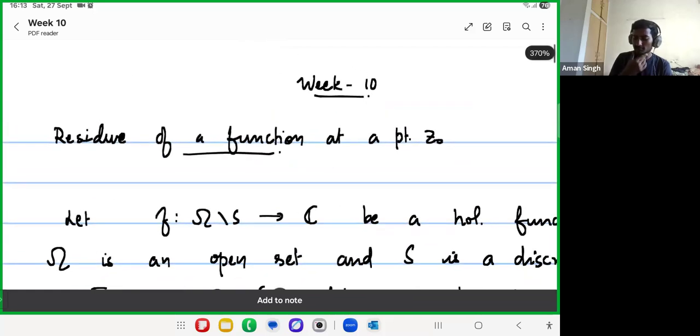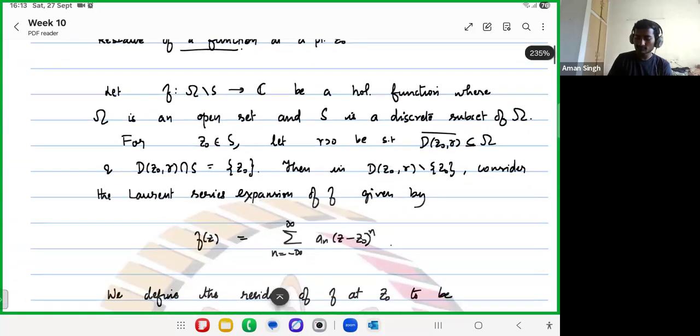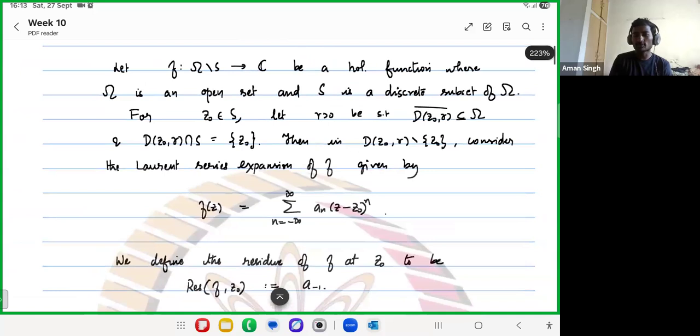So this week, the residue of a function at a point z was defined, and this was defined in a neighborhood. If in a neighborhood you have some singular point, then at that singular point we get a Laurent series expansion, not exactly in the neighborhood, but in a deleted neighborhood, which is understood as an annulus.